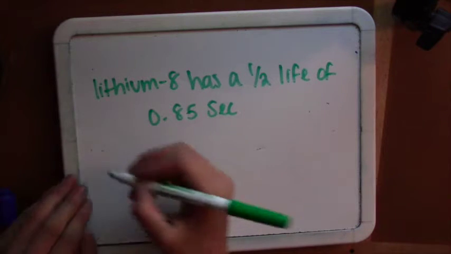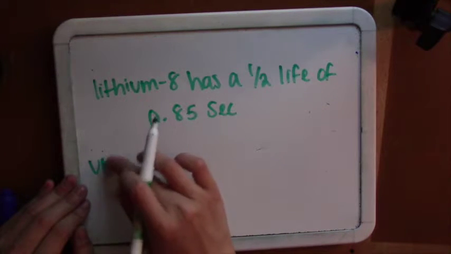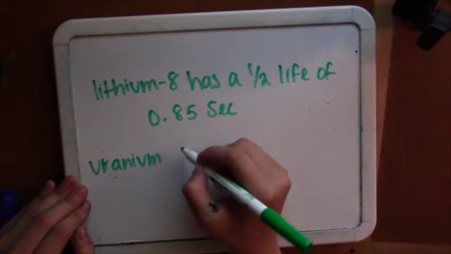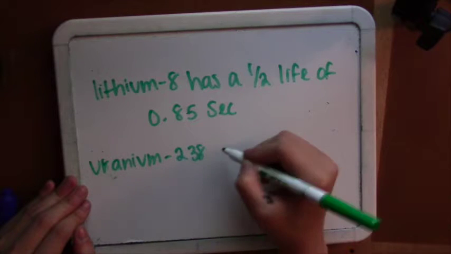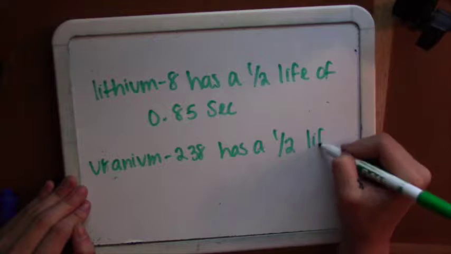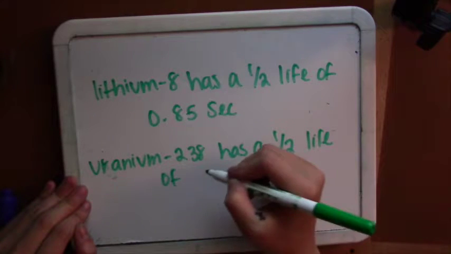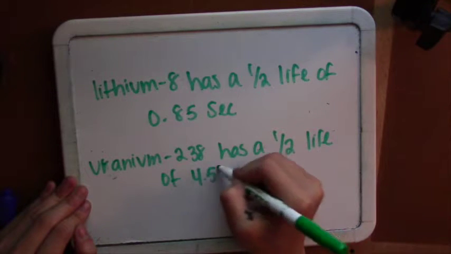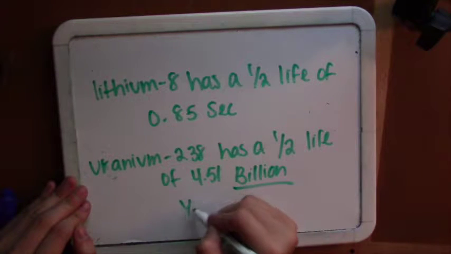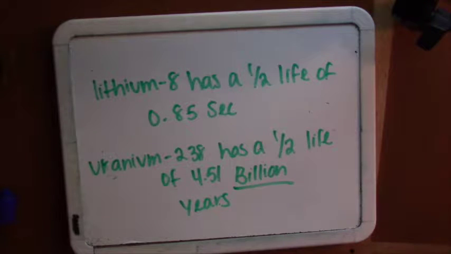On the other hand, uranium 238 has a half-life of 4.51 billion years, which is drastically bigger than 0.85 seconds.